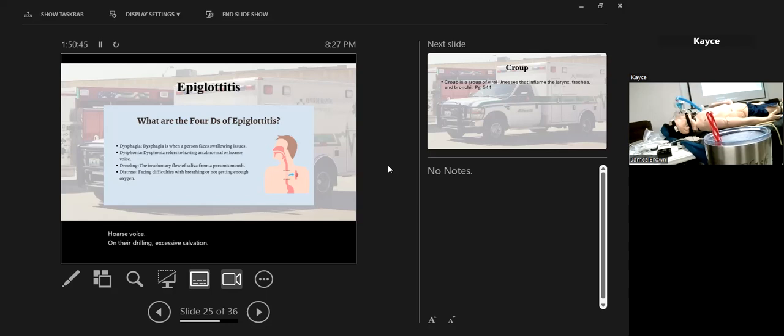But still breathing okay? They might have some difficulty breathing, depending on how swollen it is. When it's swollen to the point where it's actually blocking the airway, they'll have difficulty breathing, and that's why you want to get to a hospital quickly.